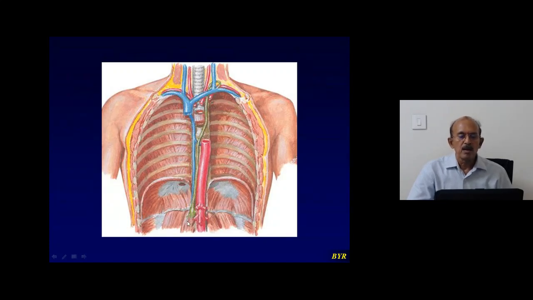Now, if malignancy is there in any of the abdominal viscera, these malignant cells will come ultimately into the thoracic duct. In the thoracic duct, they are gradually passed upwards.